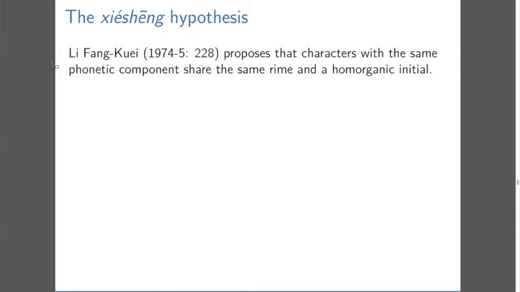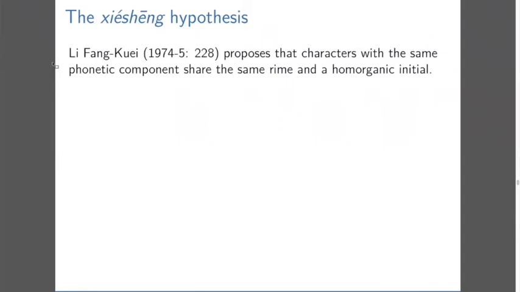Li Fenghui's is not the first version of the xiésheng hypothesis, but we'll say it's the one most used nowadays. It proposes that characters with the same phonetic component share the same rhyme and have initials that are homorganic with each other. We saw this with the examples I gave.